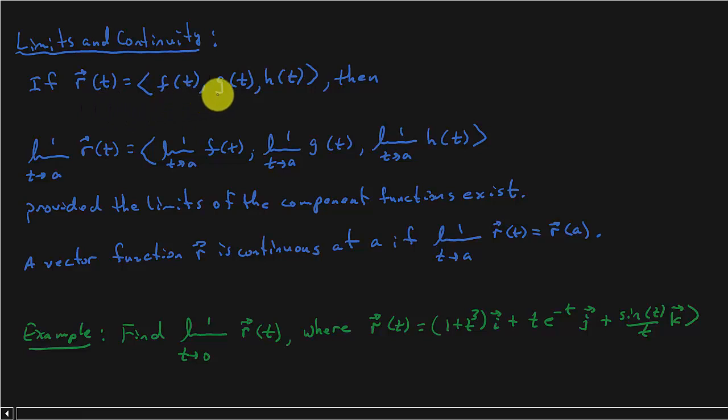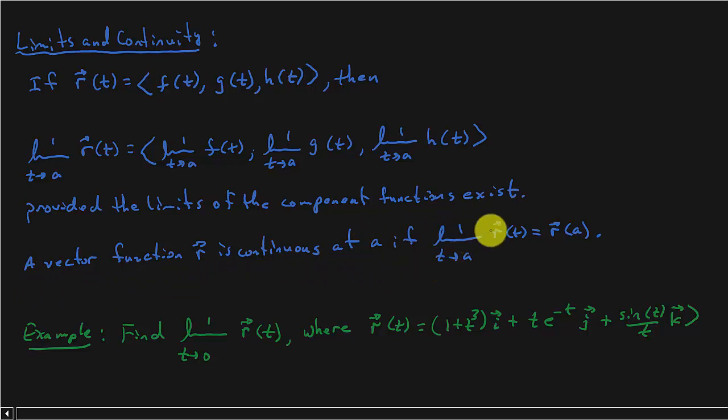All right, so limits and continuity. If the vector function r is equal to f of t, g of t, h of t, then the limit of r is equal to, well, look at this. All you do, you take the limit of each component individually, provided the limits of the component functions exist.